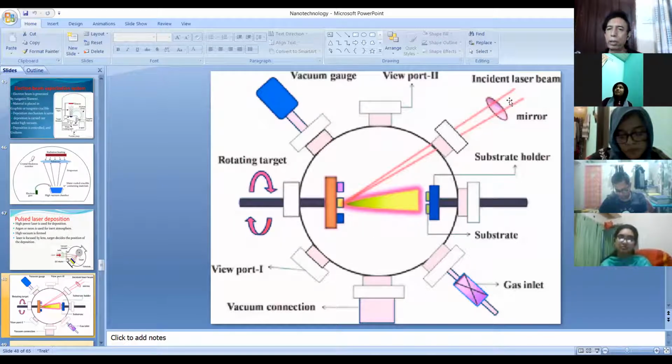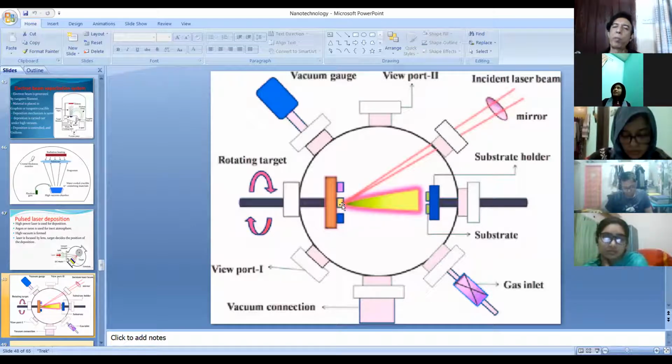This is the laser beam. It attacks the target material. Say for example, it is gallium arsenide or something. This target material is vaporized and ionized to form a plasma.